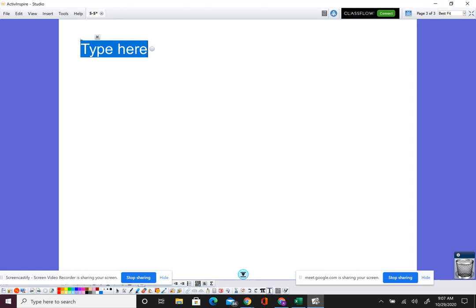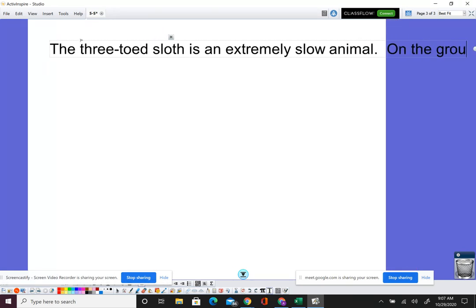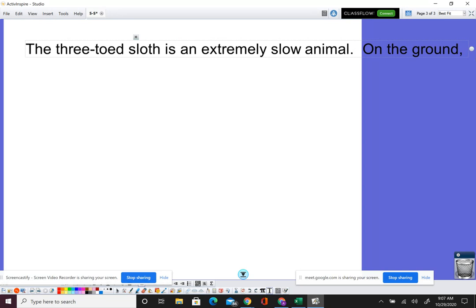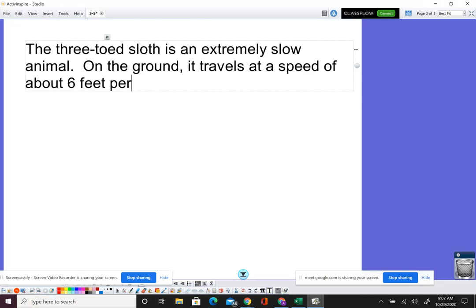We're going to type this problem. The three-toed sloth is an extremely slow animal. On the ground, it travels at a speed of about 6 feet per minute.